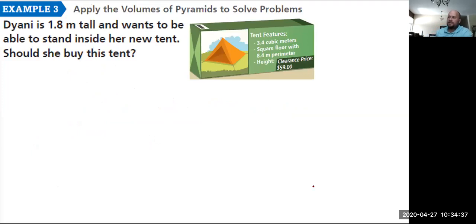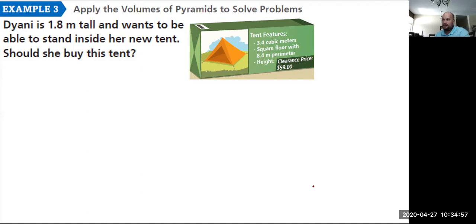All right, here's another one where we're applying volume of a pyramid. It says that we have a tent. It tells us how big the tent is: 3.4 cubic meters, a square floor with an 8.4 meter perimeter.